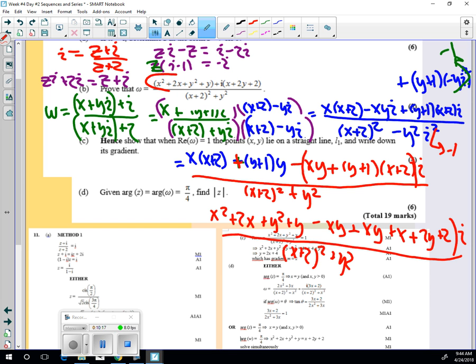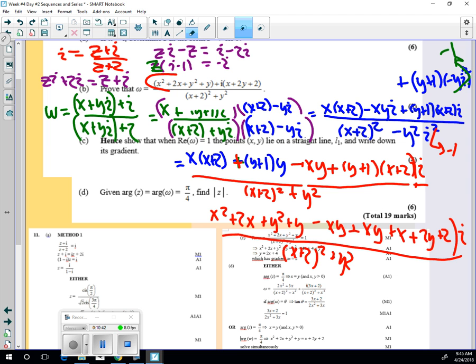Yeah, but it seems like it should distribute through all of these. Here's what I think. I think I distributed this wrong. I think it's just that. And then I got it. Yep. And then these are going to cancel out.